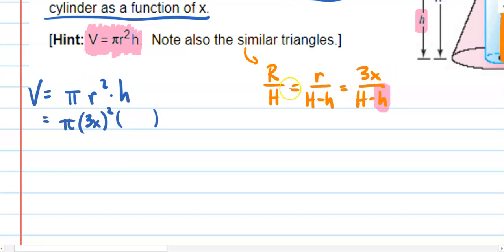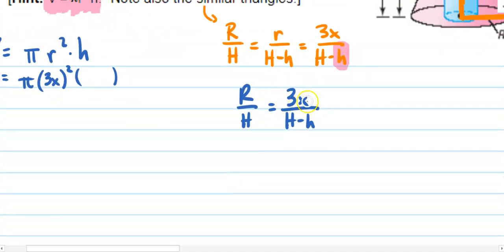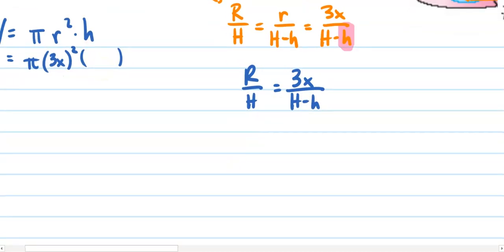Well, by transitivity, if R over H is equal to lowercase r over H minus h, then R over H is also equal to 3x over H minus h. And I think we can do a little bit of math in order to solve for h by itself. And in doing so, we'll be able to replace this component over here within our objective function.